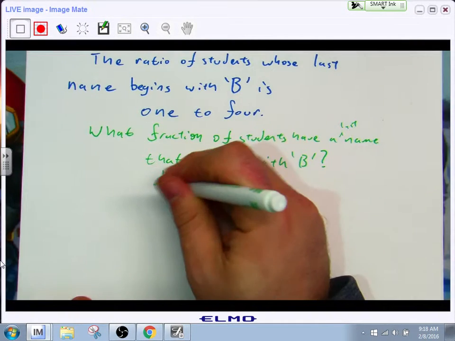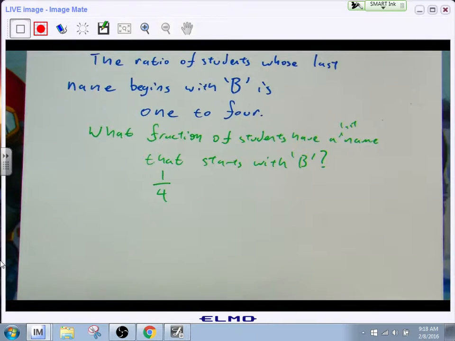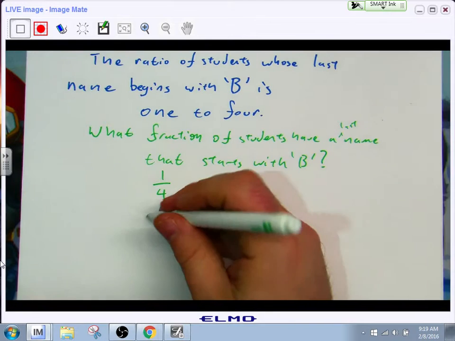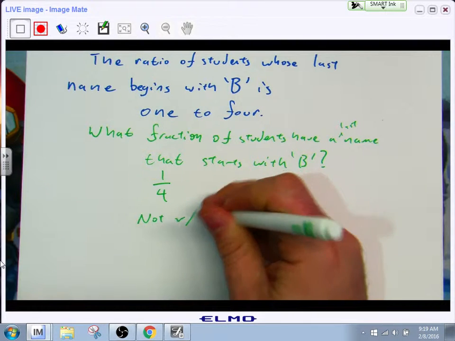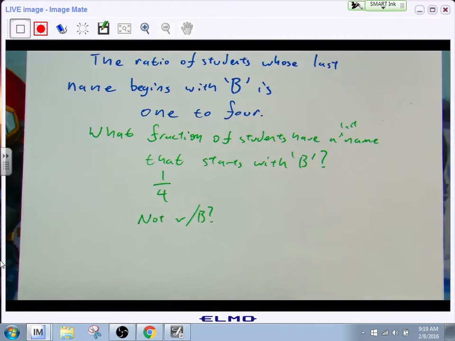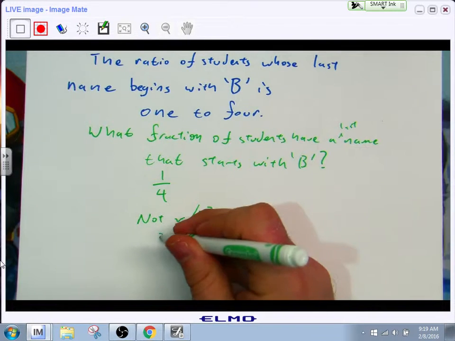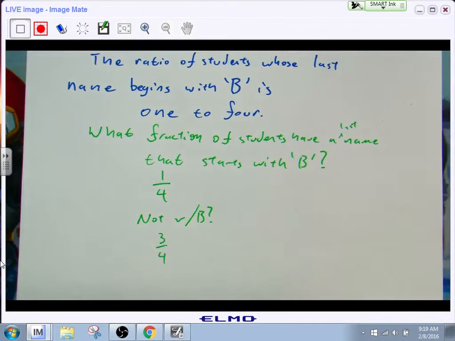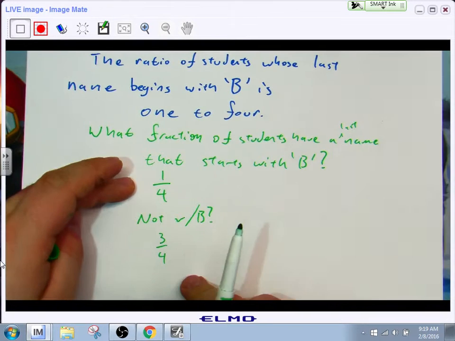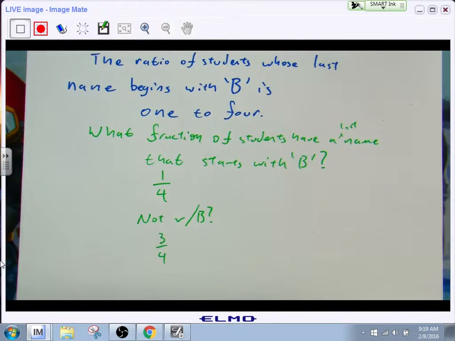Absolutely. 1 over 4. Again, the part over the whole. How about not with B? What would the fraction be for not with B? 3 over 4. Right? And we all see that 1/4 plus 3/4 will equal 4/4, which is the whole, so everybody's accounted for. Because everybody counts.